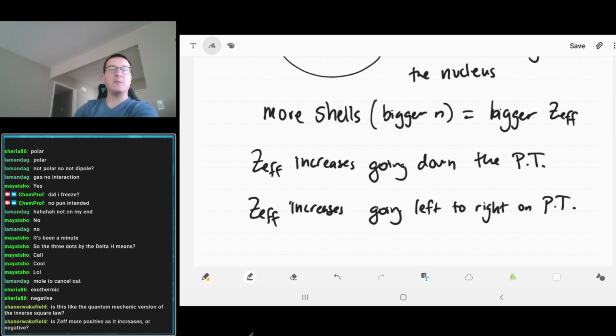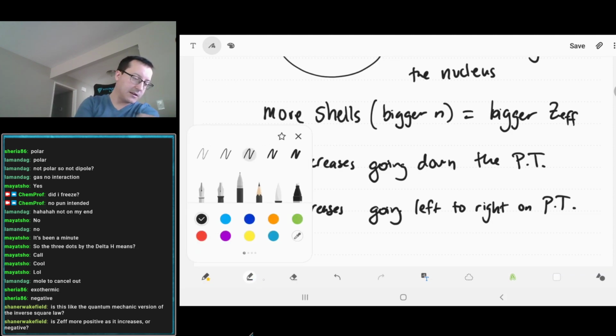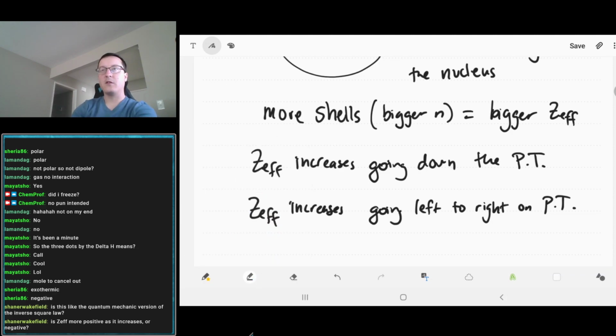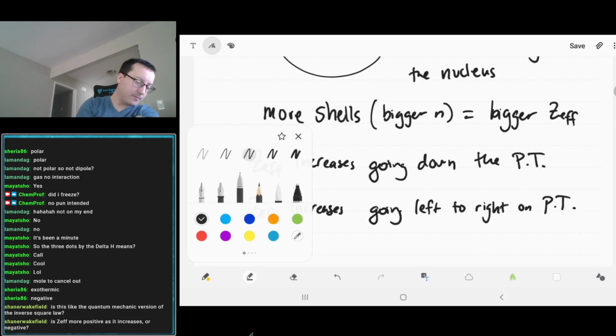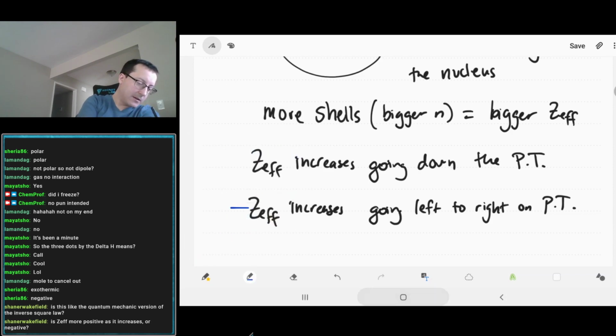However, it doesn't really matter for us because we're not going to calculate anything with it. We're just going to be using the concept of effective nuclear charge to illustrate these points. So as long as we understand these two, we'll be okay. Mostly, though, focus on this one. This one is going to be the big thing.